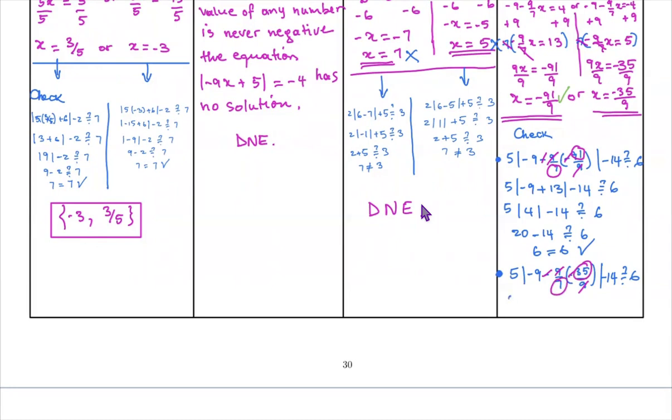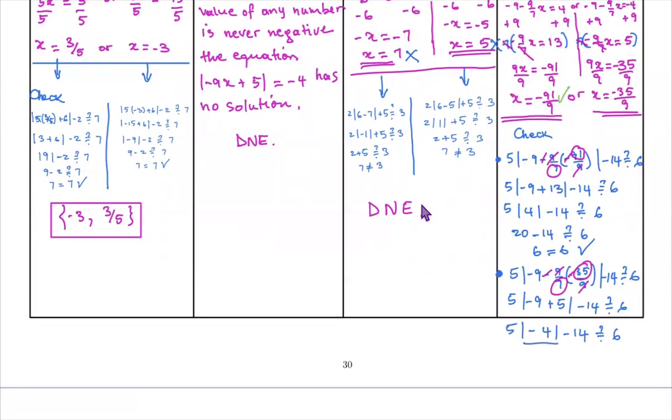So that is 5, absolute value of negative 9 plus 5, minus 14, is it 6? That's 5, absolute value of negative 4 minus 14, is it 6?